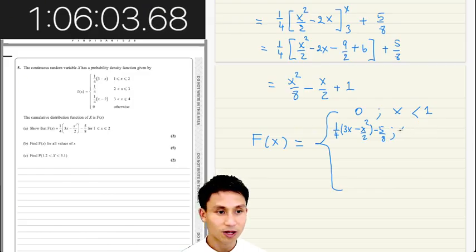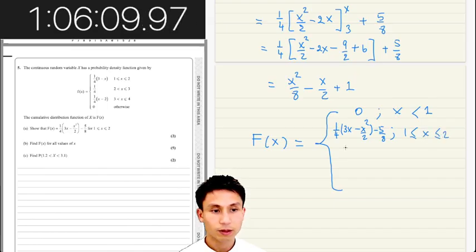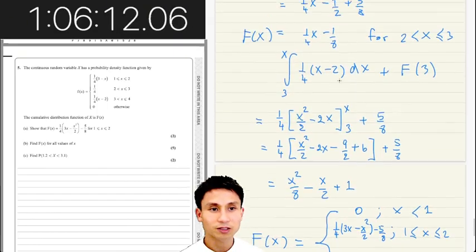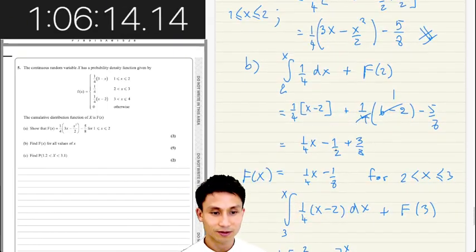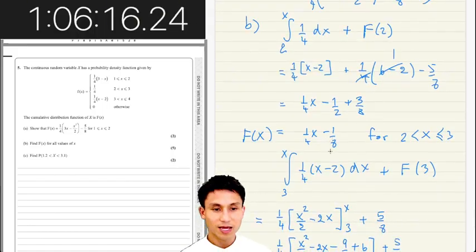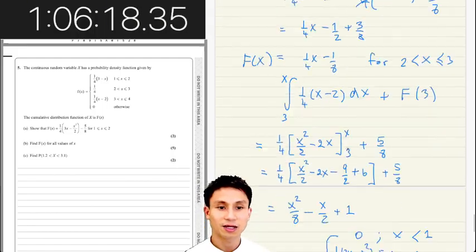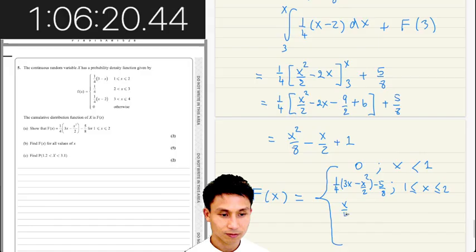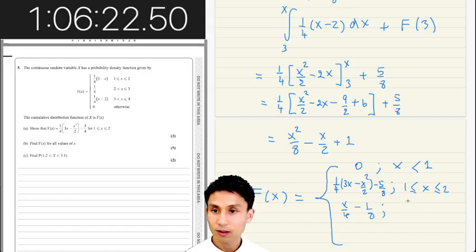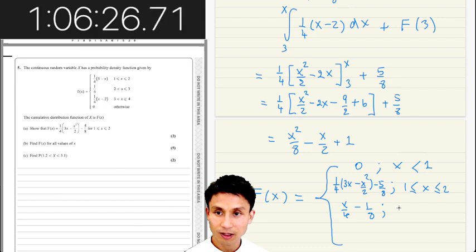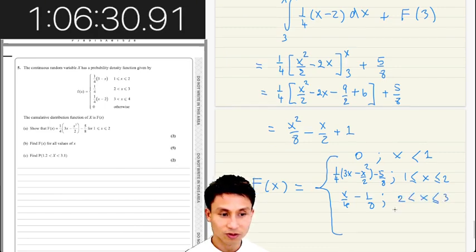And you've got to write the range here as well. And then the next part is this, right? So x over 4 minus 1 over 8. Yeah, that's the next part, which is 2 less than x less than or equal to 3.